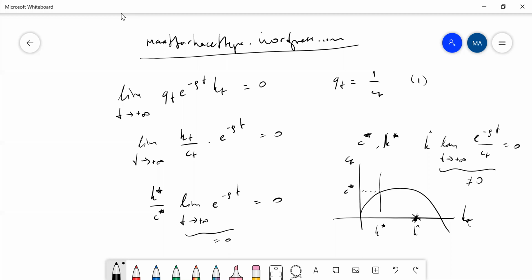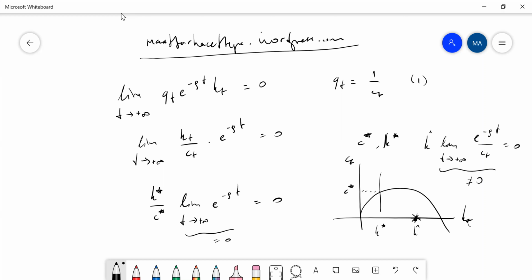Then I look at the second order conditions. Second order conditions are satisfied in this typical problem, for instance, right? Concavity properties. And in fact, I know that the optimal path is unique because the natural logarithm is a strictly concave function.